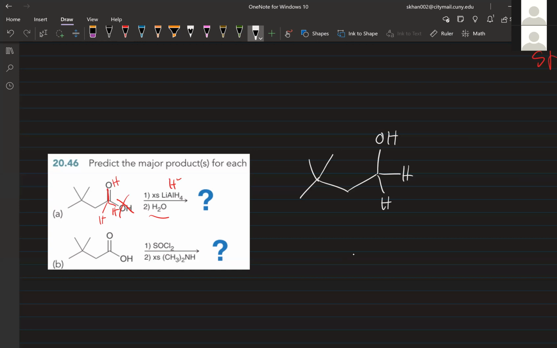LAH is extremely reactive. Make sure you put this, because I'm pretty sure you'll get points taken off if you don't. LAH is going to react with the water and technically form H minus, H2 gas. If you have LAH present with water, it's going to destroy all of the LAH, so your reaction would never occur.